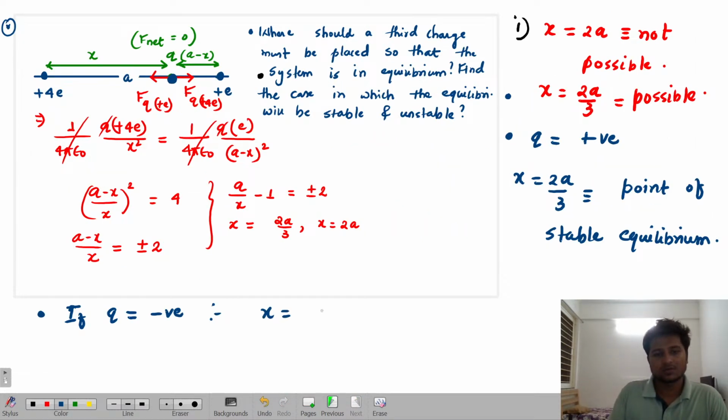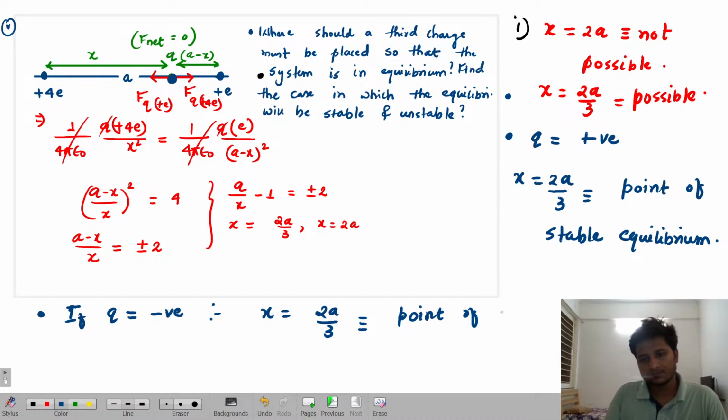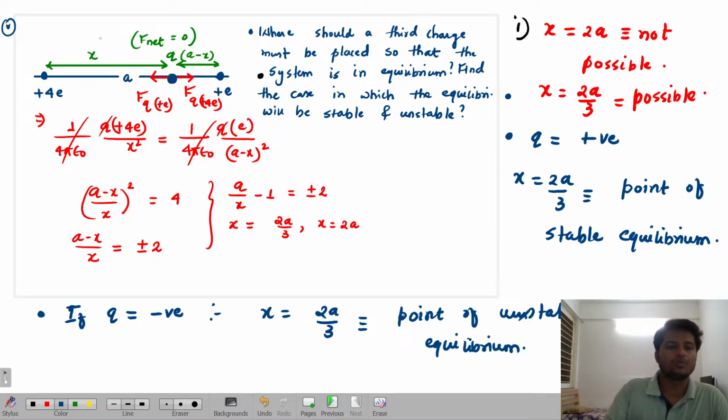So, हाँ, it is a point of unstable equilibrium. ठीक है, तो कभी भी तुमसे कोई पूछे कि क्या हम दो पॉजिटिव चार्जेस के बीच में पॉजिटिव रख सकते हैं, नेगेटिव रख सकते हैं, हाँ ट्रू, I can place any of the charges, positive and negative, but the point is in one case it is a stable equilibrium, in another case it is an unstable equilibrium. Are you able to get me or not?